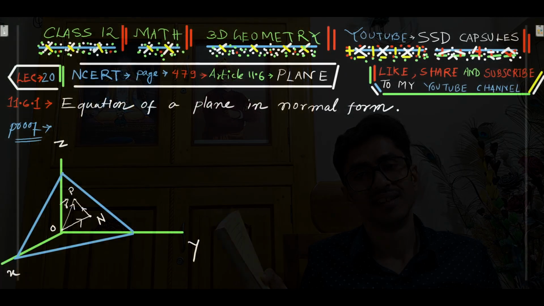So by the concept of vector chapter, we are using the concept of dot product. As the two vectors NP vector and ON vector are perpendicular to each other, so ON vector dot NP vector is equal to 0. That is the key concept of this theory.